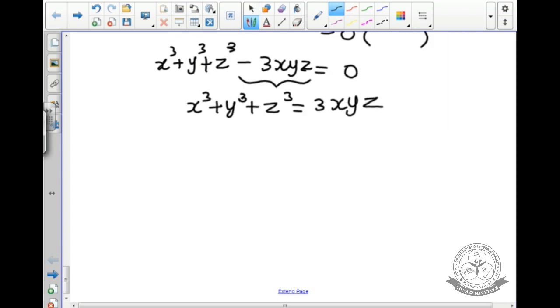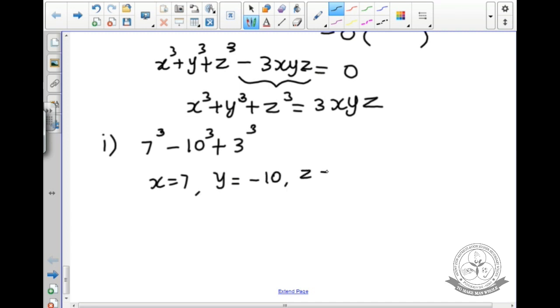So the question is 7 cube minus 10 cube plus 3 cube. That means here x is equal to 7, y is equal to minus 10 and z is equal to 3.